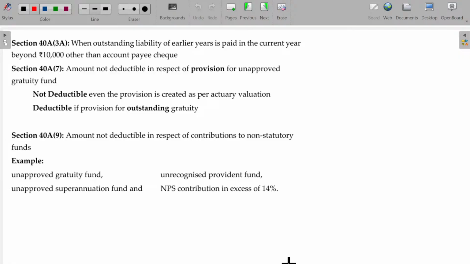Okay, let's see here now. Now in your P&L account, your GP being 1 lakh, expenses paid being 60,000, where we have outstanding expenses also being 20,000 rupees.